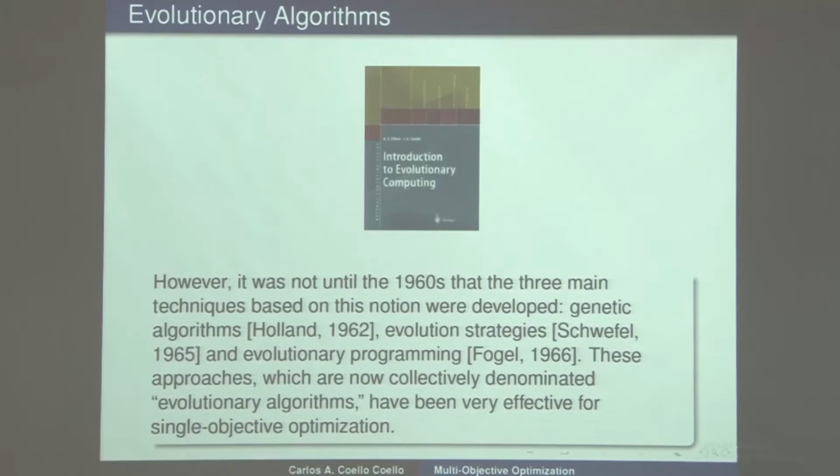Something very interesting is that the motivations of these algorithms were completely different. Holland wanted to do machine learning, and he thought nature was the key for machine learning. Hans-Paul Schwefel and Ingo Rechenberg wanted to solve an optimization problem in engineering because that was their PhD thesis topic.